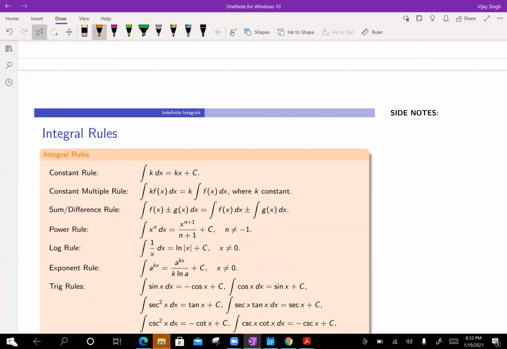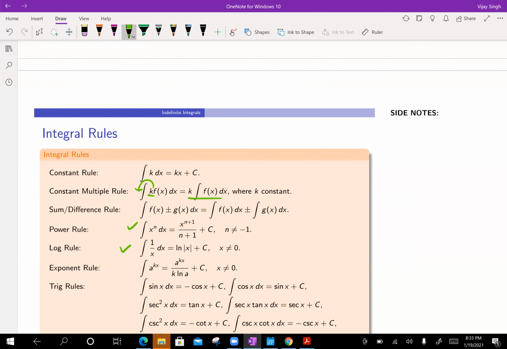Another rule is the constant multiplication rule. If you have k times f of x, then the k can come out of the integral. You get k times the integral of f of x dx. Similarly, the integration of f plus g is the same as the integration of f plus the integration of g.